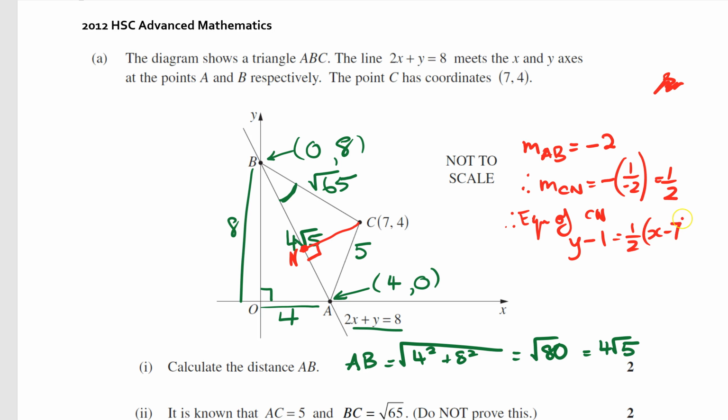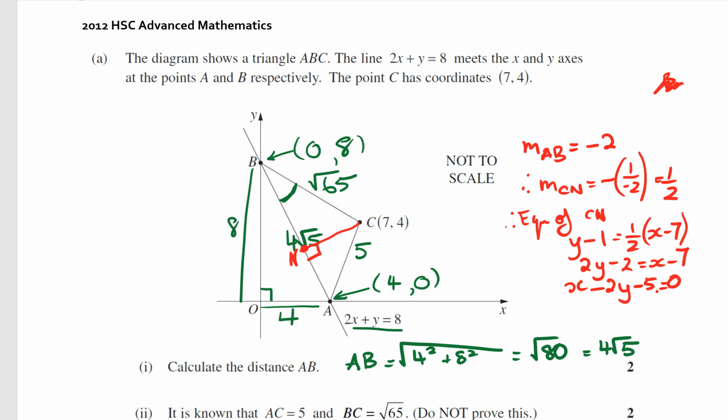So that's 7. Multiply through by 2. 2y minus 2 equals x minus 7. So therefore x minus 2y minus 5 equals 0 is our equation for CN.